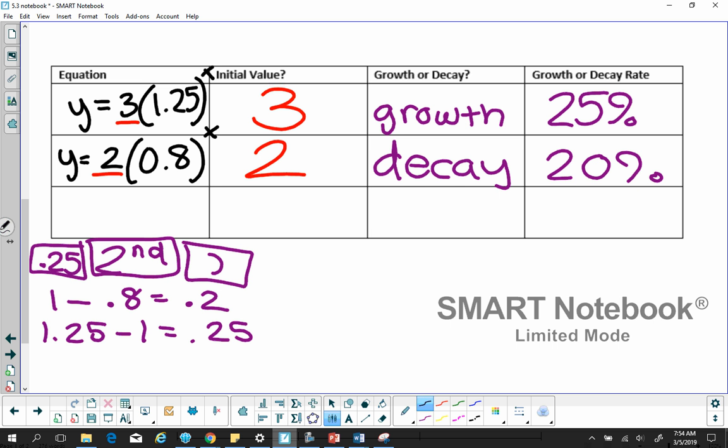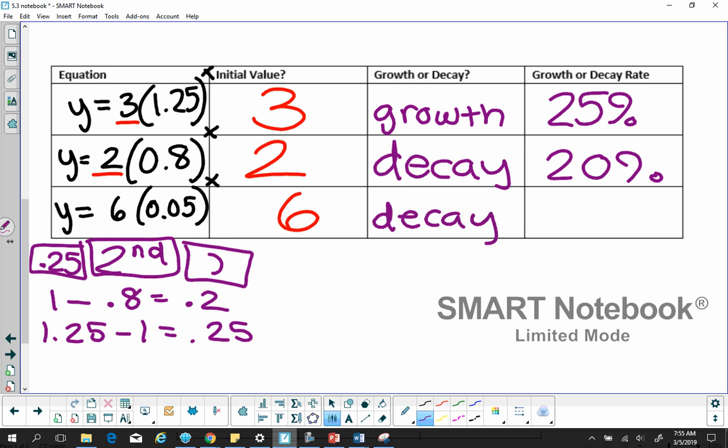So the next one is y equals 6 times 0.05 to the x. So right here, what's your initial value? 6. Is it growing or decaying? Okay. Decay.